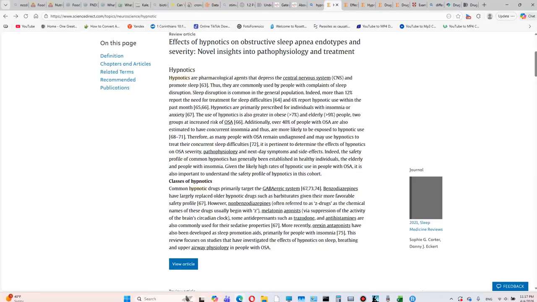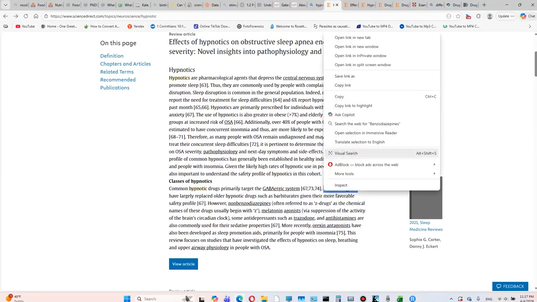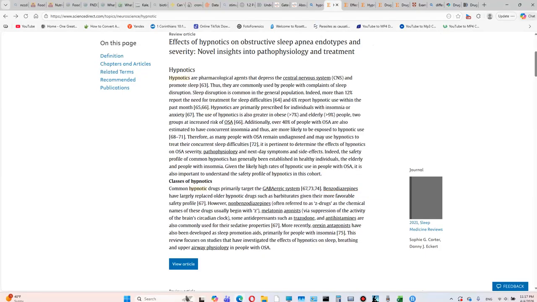Resuming the reading. Benzodiazepines have largely replaced older hypnotic drugs such as barbiturates, given their more favorable safety profile. Footnote 67.